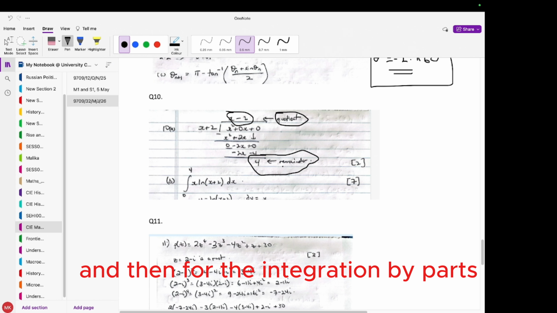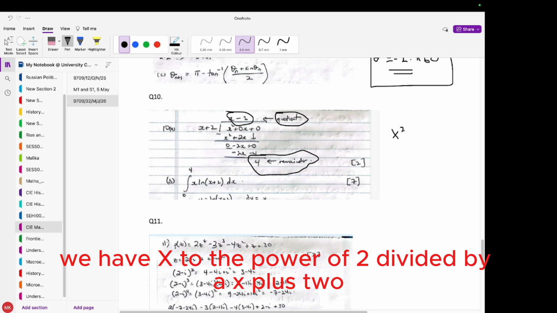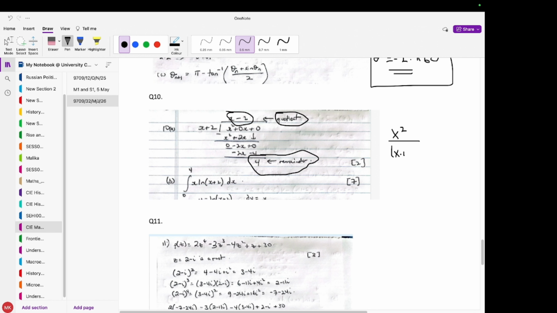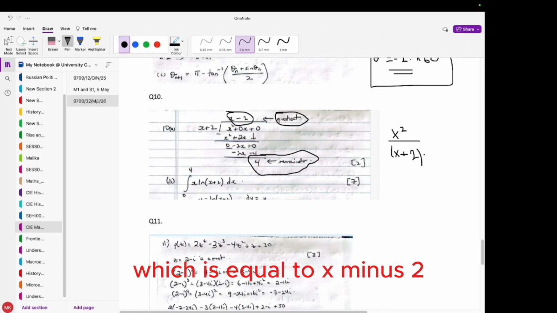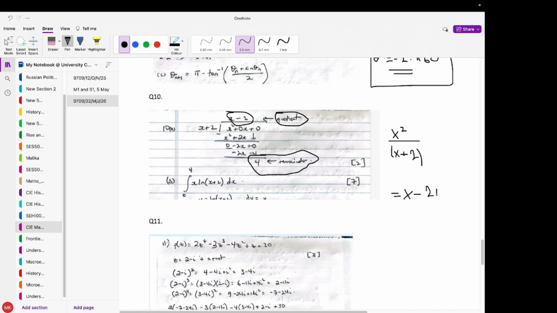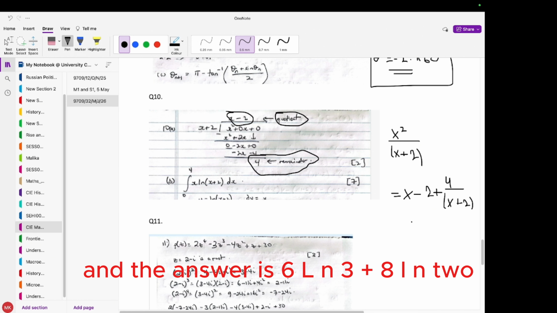And then for the integration, we have x to the power of 2 divided by x plus 2, which is equal to x minus 2 plus 4 divided by x plus 2, and the answer is 6 ln 3 plus 8 ln 2.